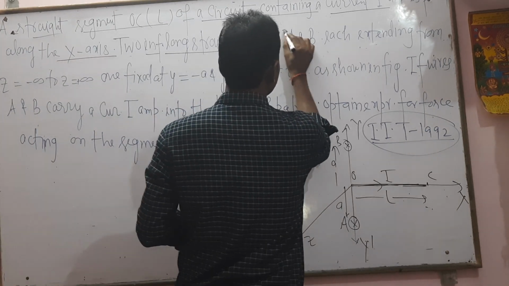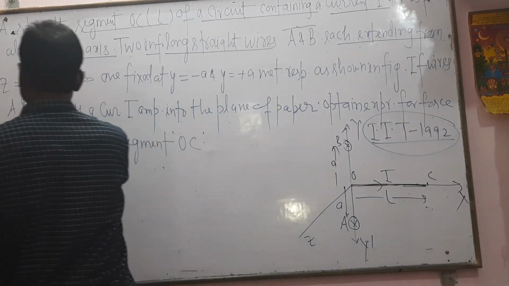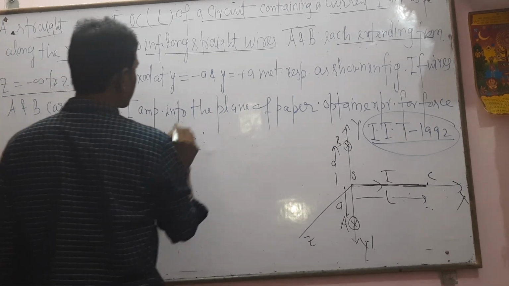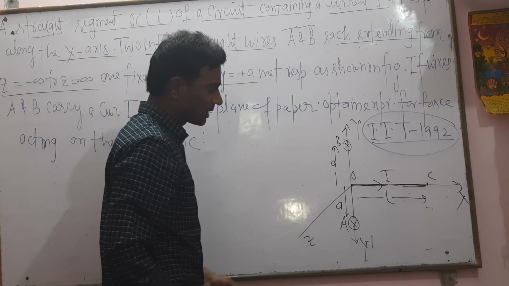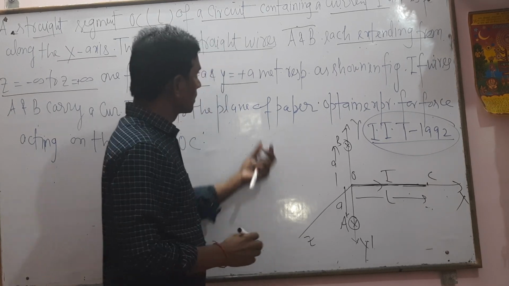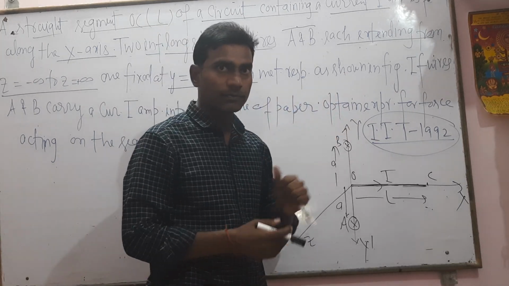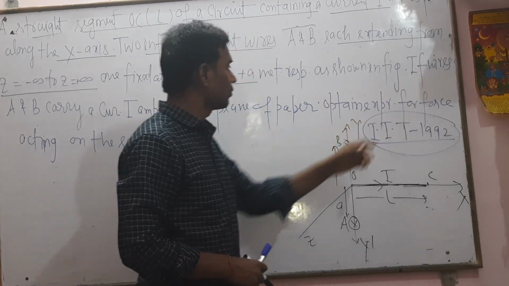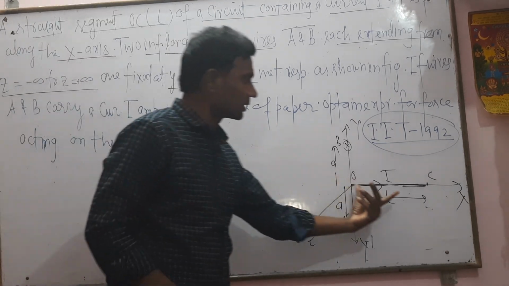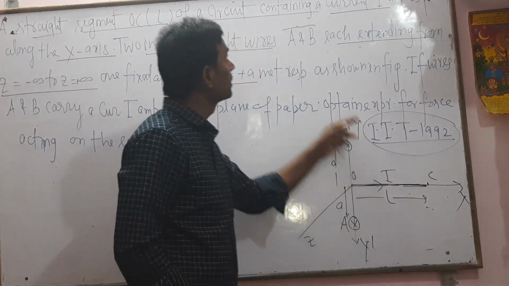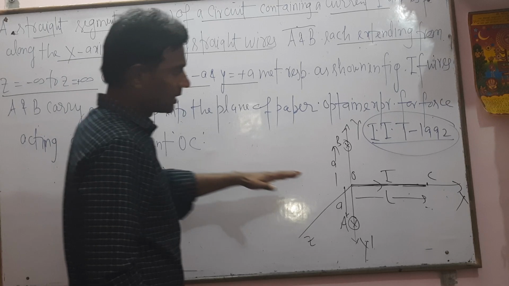Two infinite long straight wires A and B each extend from z equals minus infinity to plus infinity, at locations y equals minus a and plus a respectively, as shown in the figure. The straight segment OC, carrying current I, is placed along the x-axis.